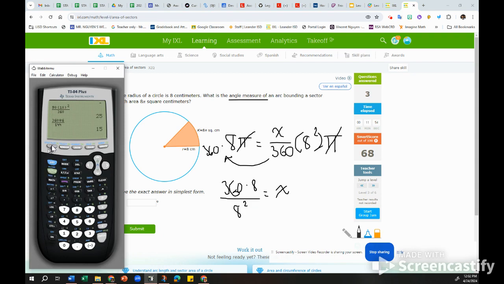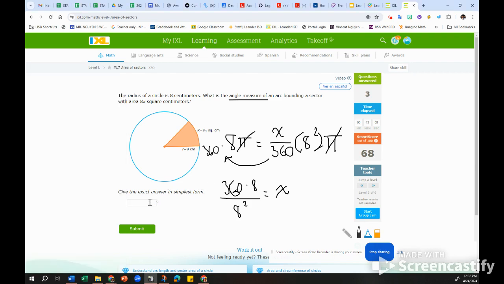So alpha y equals, enter. We're going to do 360 times 8, and then go down to 8 squared. Enter. Okay, so the angle is 45 degrees. Again, we're looking for angles, so it's 45 degrees.